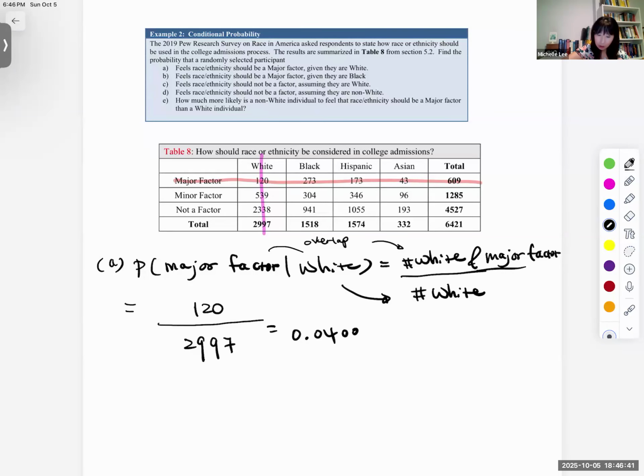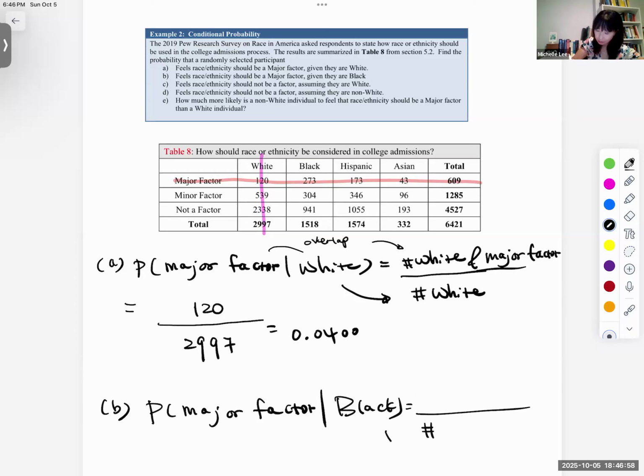Okay, so second one, very similar. So let us do that. Probability of major factor, given that black. So number of black and overlap. So that would be black and major factor.